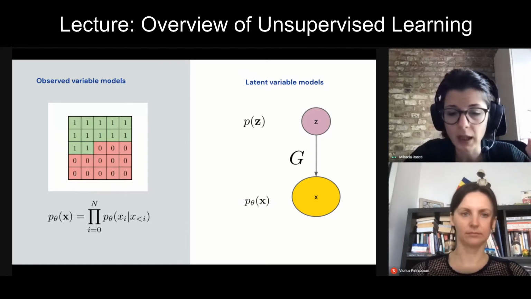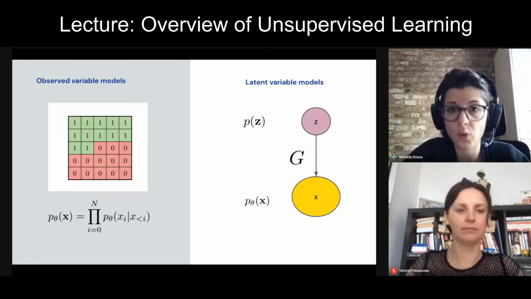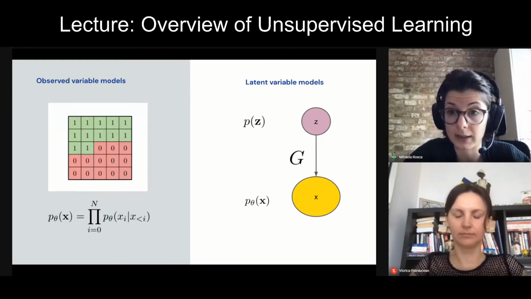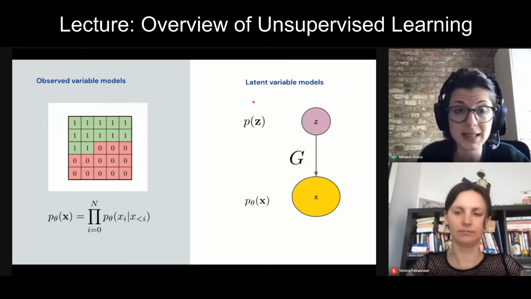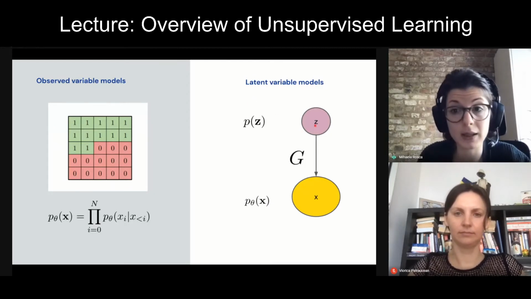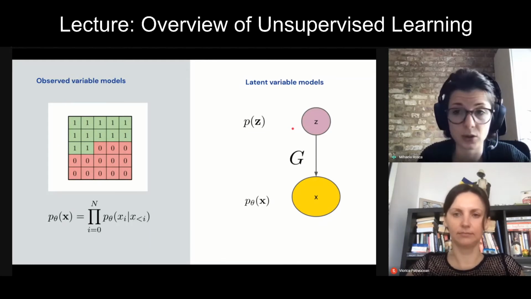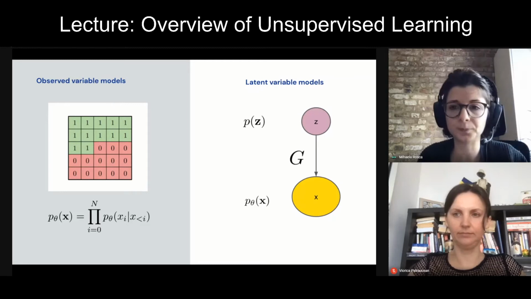So it's intuitive to think that our data lies on a lower dimensional manifold, and then we can transform the lower dimensional data into a high dimensional space. So this is the intuition behind latent variable models. The reason they're called latent is because no one tells you what Z is, what your latent variable is. So this is not supervised learning. You're introducing this to aid you in learning.